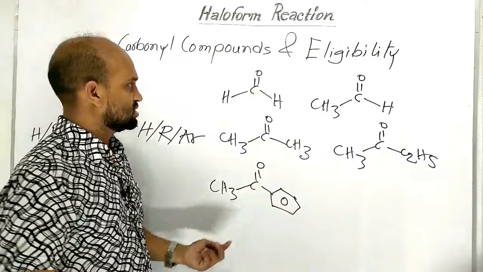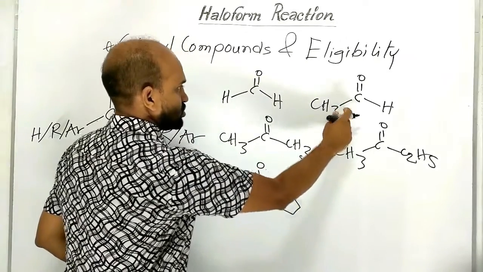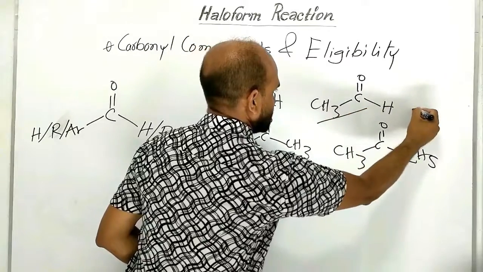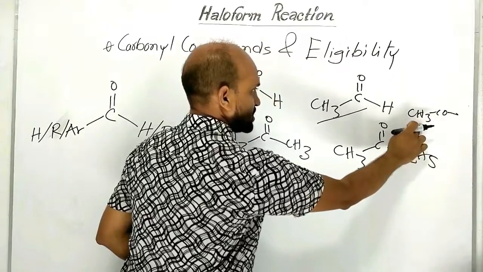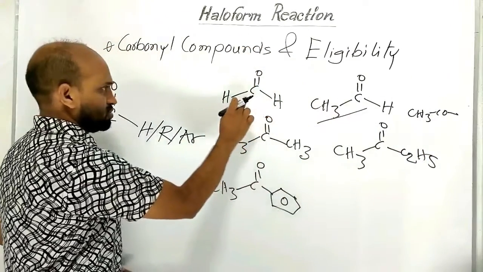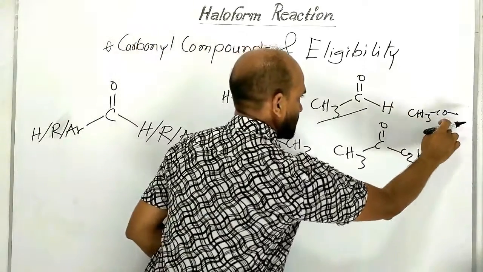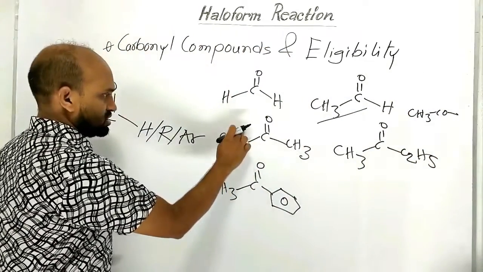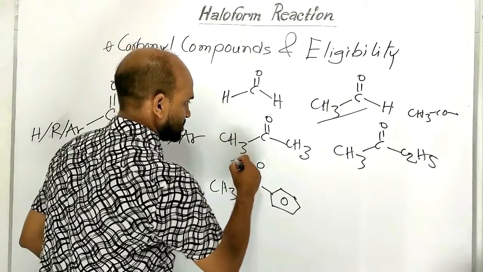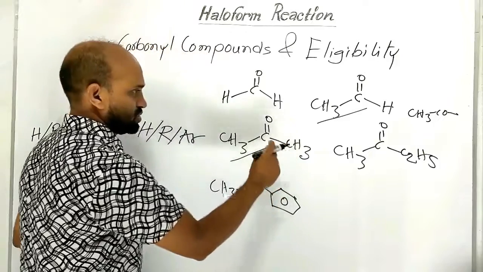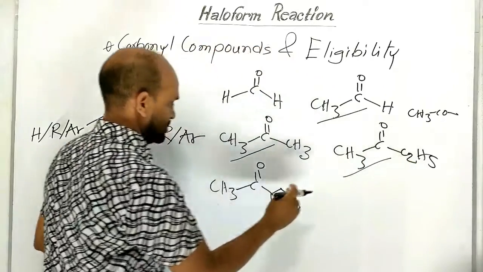Here we see this is a carbonyl compound with CH3CO group, which is known as methyl carbonyl group. But this carbonyl compound doesn't contain methyl carbonyl group. This is another carbonyl compound, propanone, which contains methyl carbonyl group. This compound contains methyl carbonyl group.